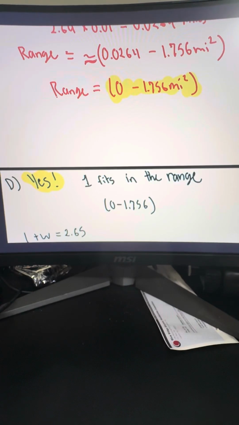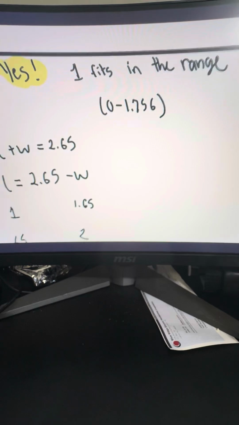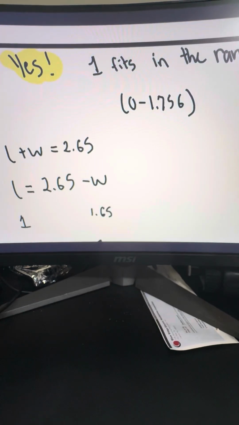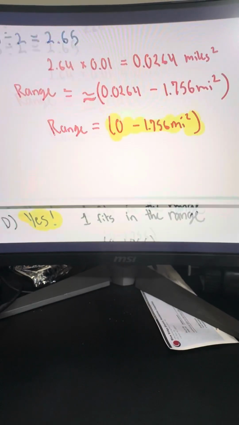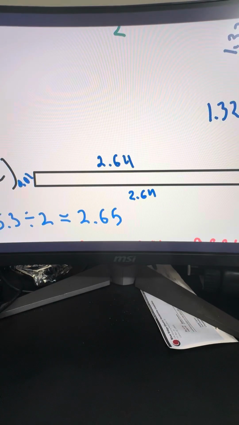And I wanted to go a step further by proving that, so I used a simple method here. When looking at a rectangle like this, when you're adding the length and the width, it's going to have to equal half of the perimeter.